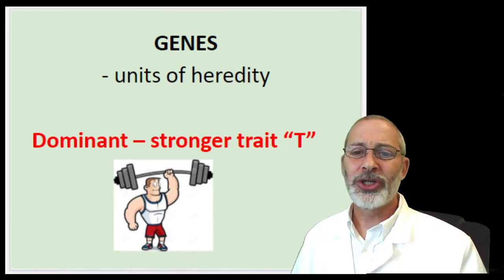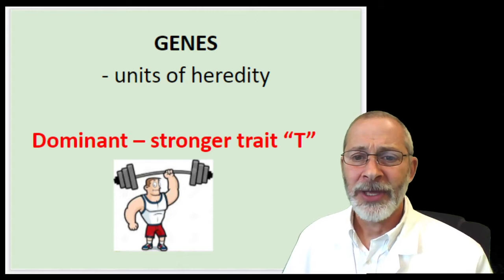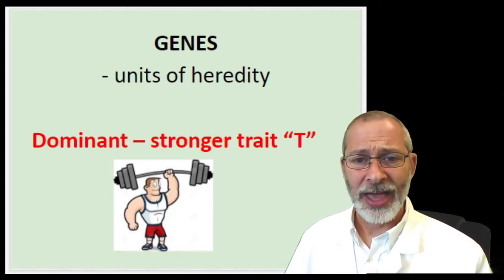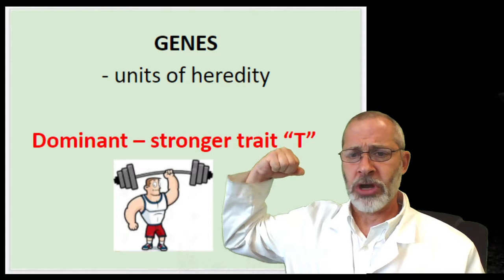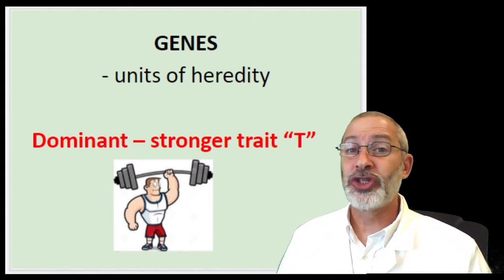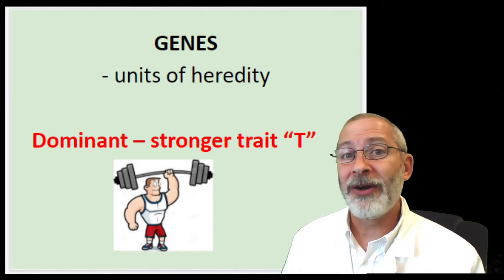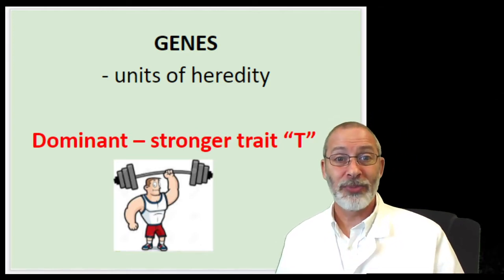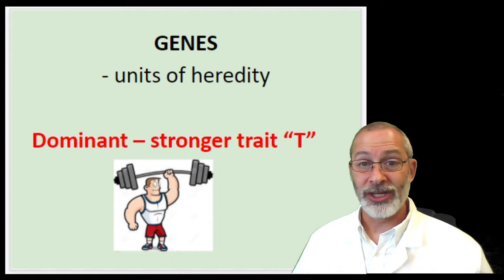Now, I have the little picture here of a weightlifter that looks really strong with big muscles and all that good stuff. It's not necessarily that kind of strength that we're talking about when we refer to genetics, but it's not a bad analogy here.